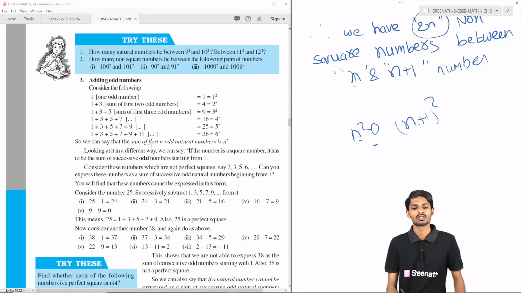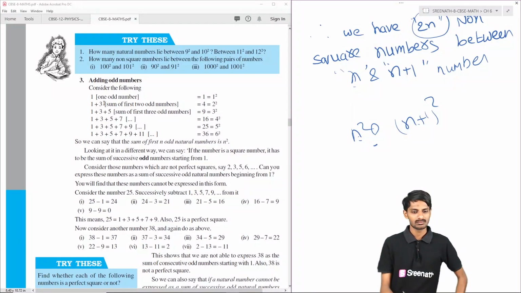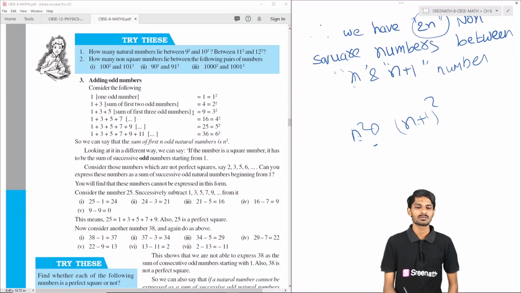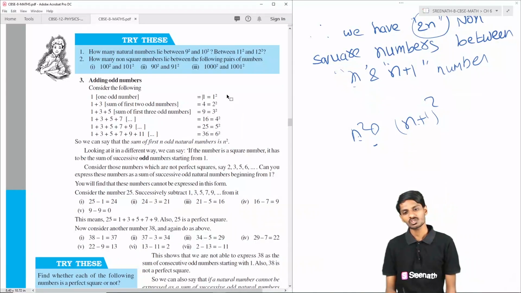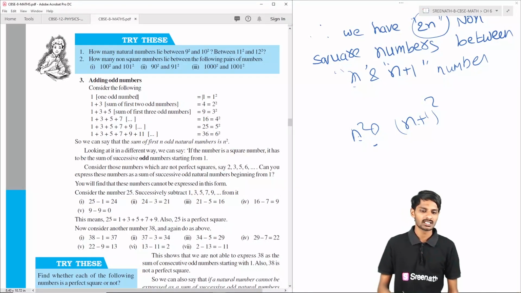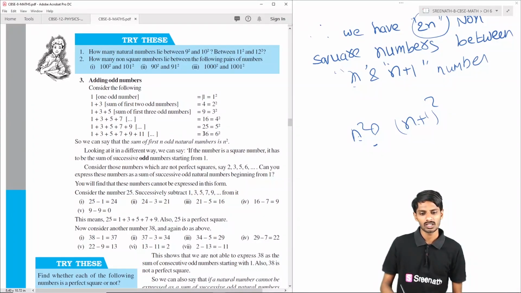So adding odd numbers. So what happens here? 1 is an odd number and we are going to add 3 to it. 1 plus 3 gives 4, and if we add 5, 1 plus 3 plus 5 gives 9. So 1, 4, 9 are the first three square numbers. 1 square, 2 square, 3 square. So like that, if you go on adding the odd numbers, you will get n square.